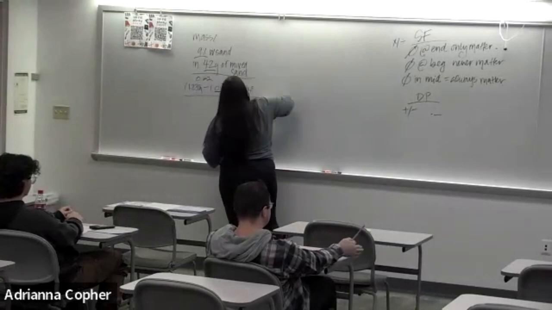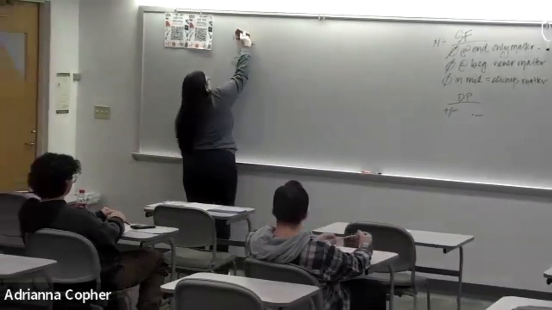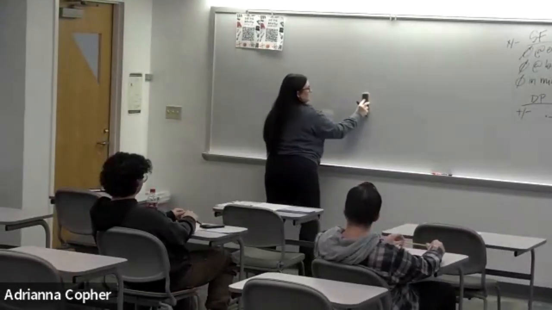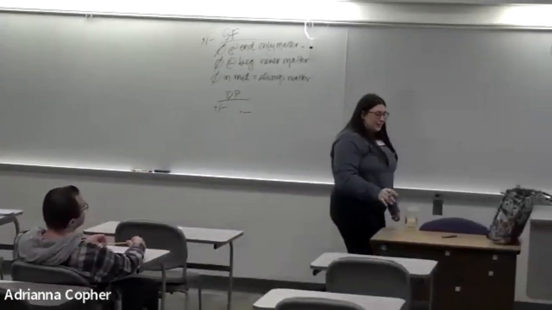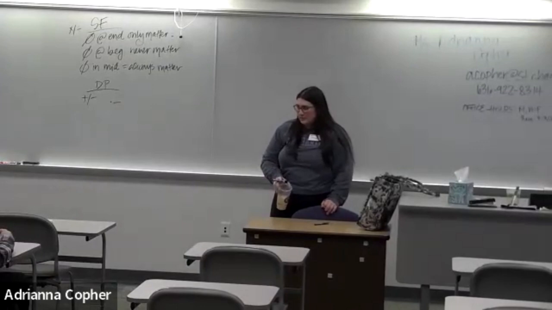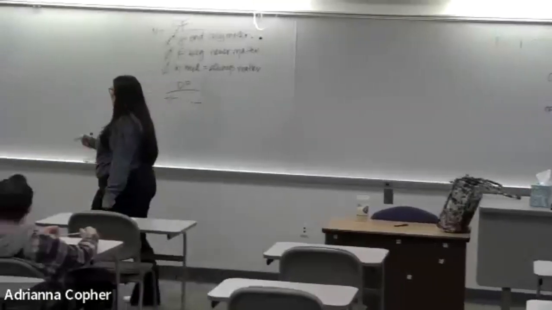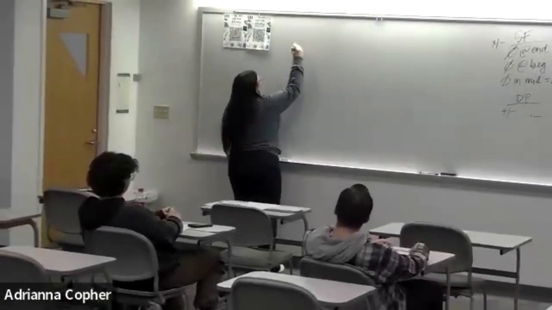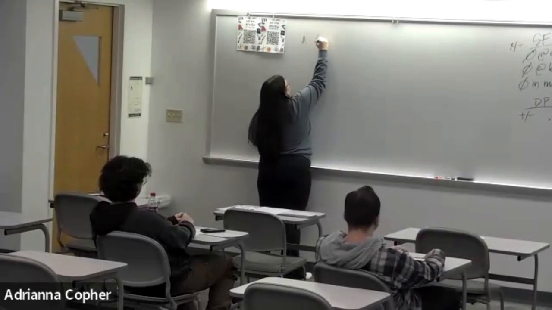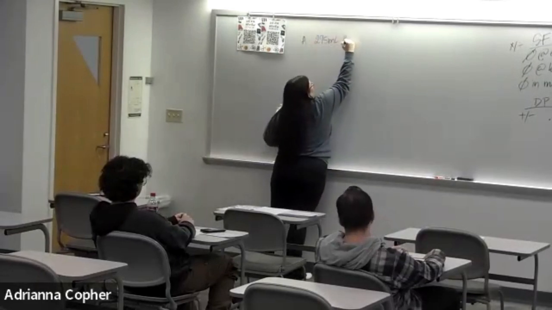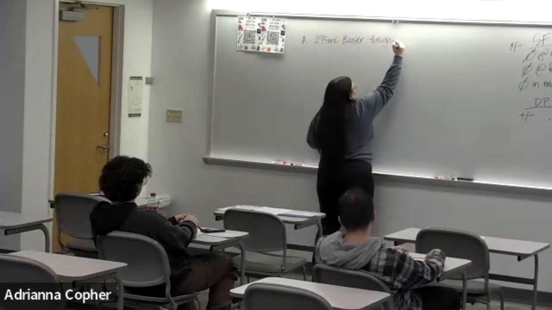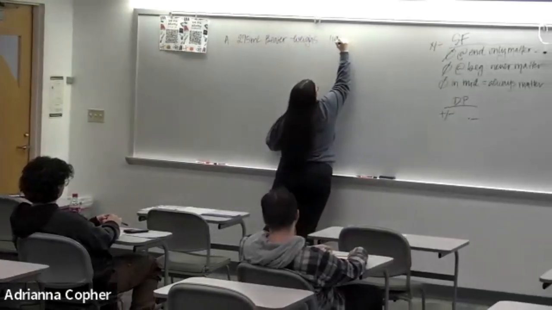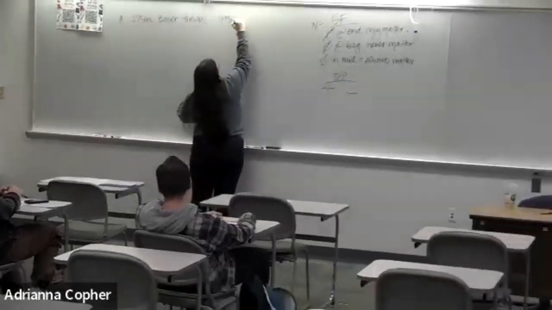Your labs or your homework will probably have conversion questions in it, and they're usually word problems. The fact sheet you have in front of you doesn't do a lot of word problems when it comes to conversions, but a lot of the conversions you see in the homework are word problems. So like I saw one an hour ago, and it said a 275 milliliter beaker weighs 100 grams.